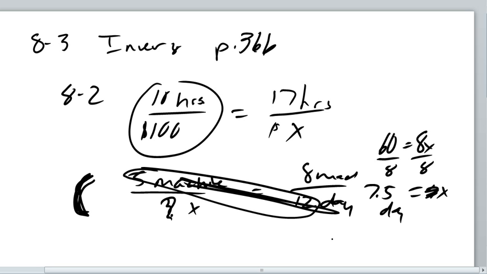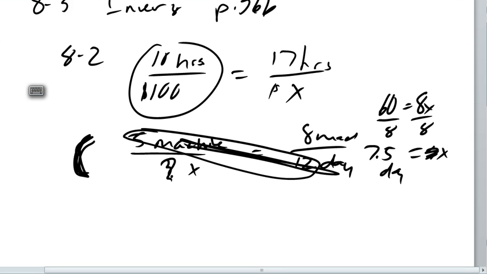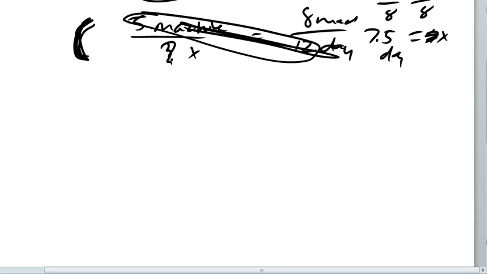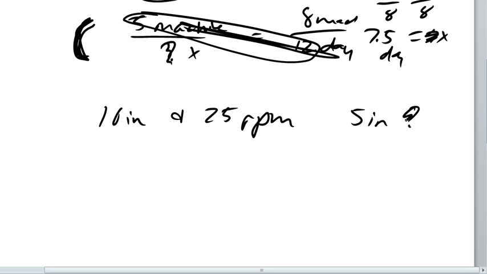As I mentioned, gears are another one. This example is on page 368. You've got 10 inches and 25 RPMs in one gear, and you want to know the number of RPMs in a gear that's 5 inches, with a question mark for RPMs.